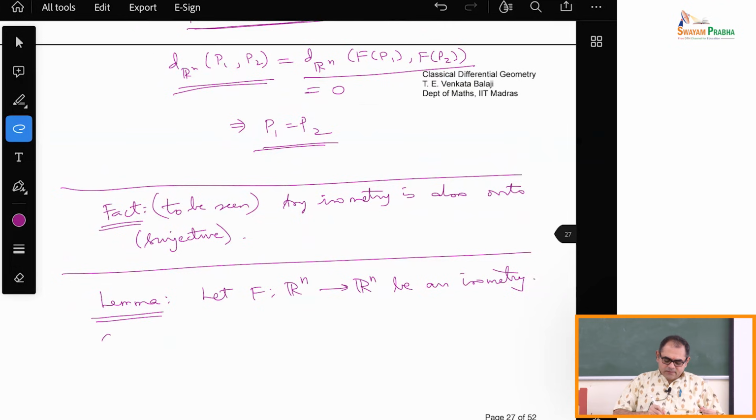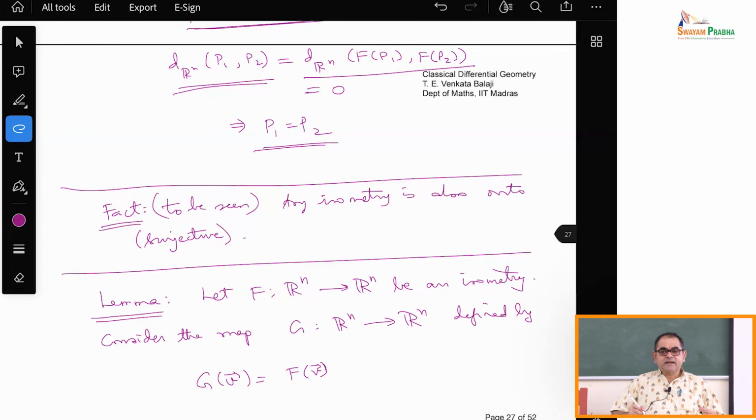Consider the map G from Rn to Rn defined by G(V) = f(V) - f(0) for all V in Rn. f need not take 0 to 0, but I want G to take 0 to 0, so I subtract f(0).